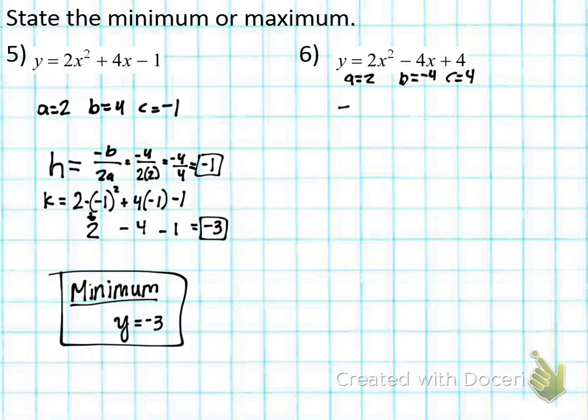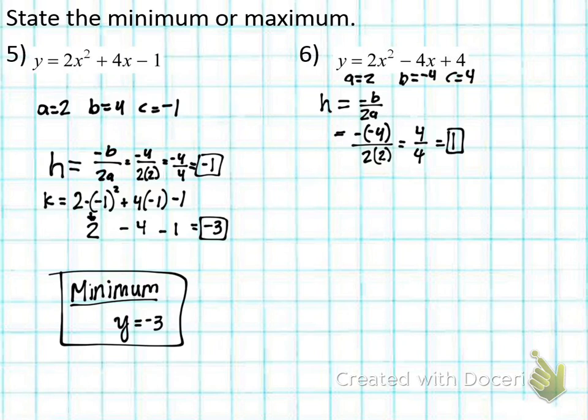Start with figuring out H. H is going to be negative B over 2A. So you plug it in. We know it's going to be negative 4 all over 2 times A, which is 2 times 2. Negative 4 is positive 4 divided by 4. 4 divided by 4 is 1. So that's H.